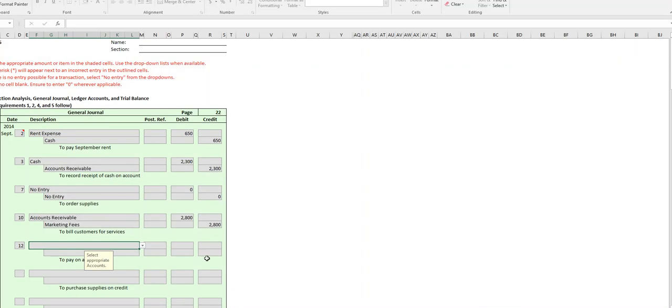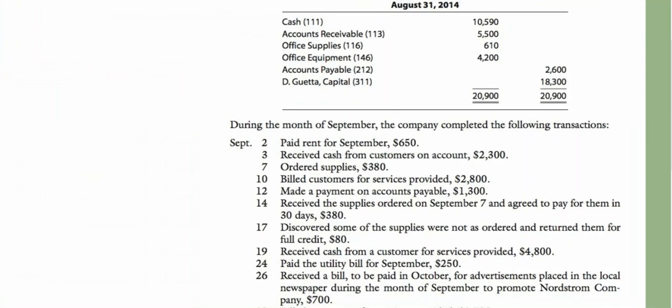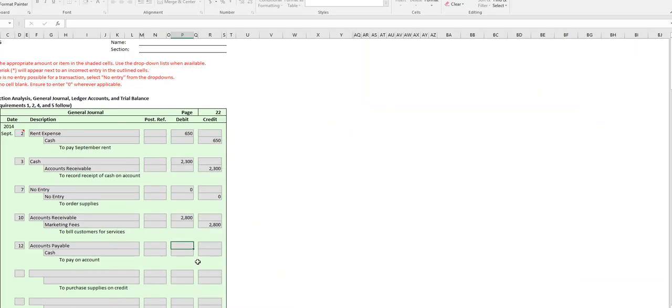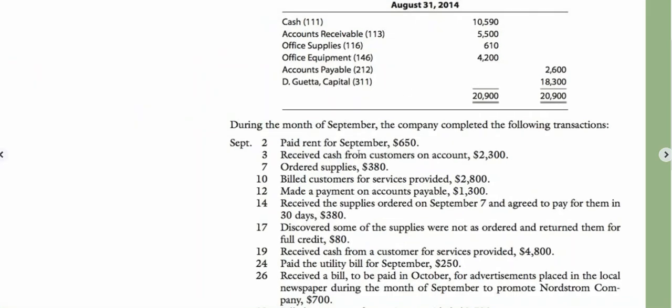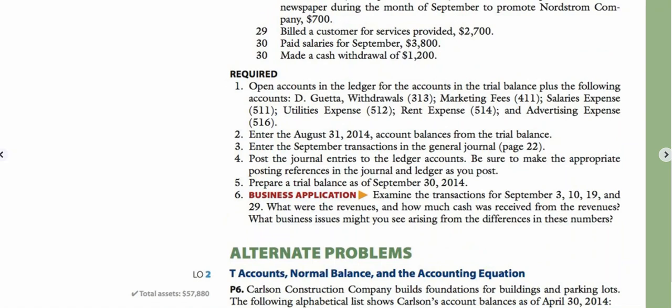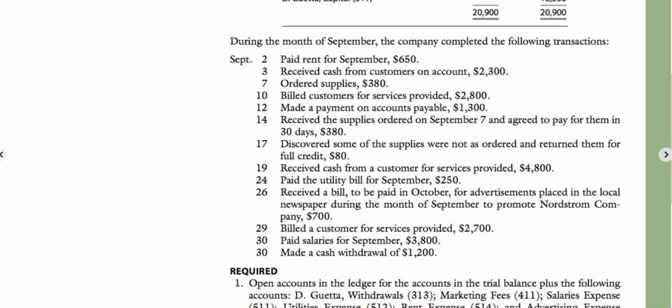So our debt is decreasing, accounts payable, and cash is decreasing because we made a payment. And that was for $1,300. We see that? So that's what we do. We continue going on and we do all of those transactions and record them to the journal.